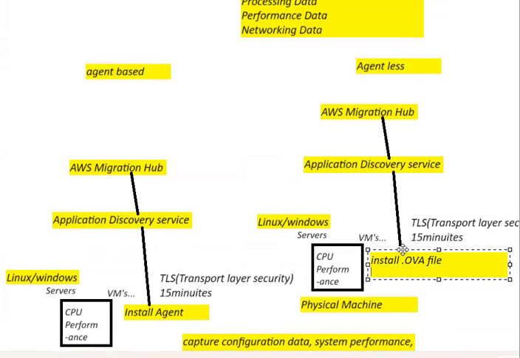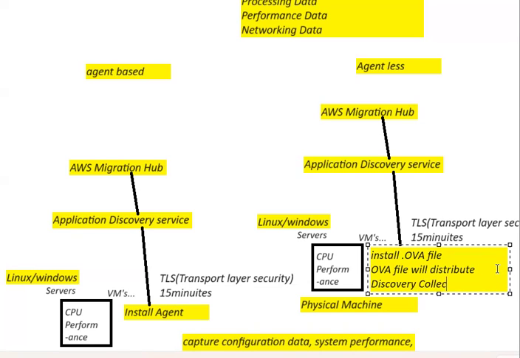What does this .ova file do? This OVA file will distribute the discovery collector.